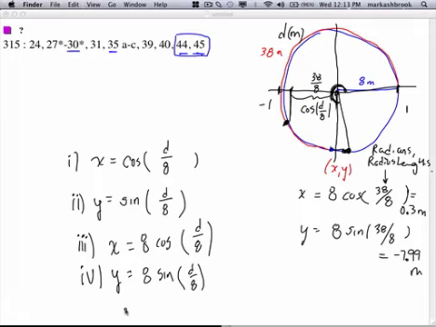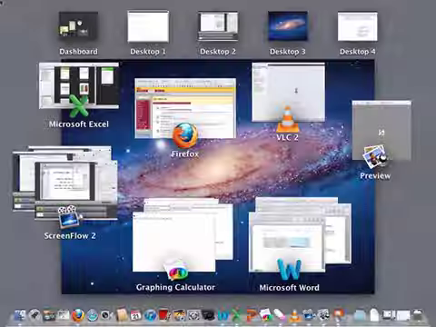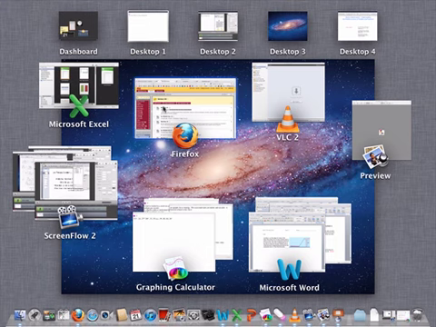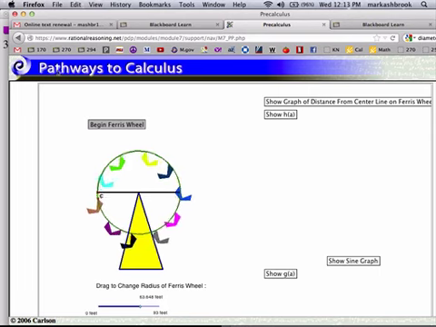Can I erase this? Okay, 35. What's the value of theta? It would be nice to be able to go to the book. Let's see if I can find it here fast. Isn't that special?